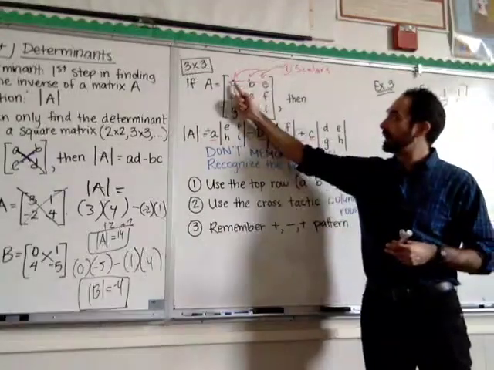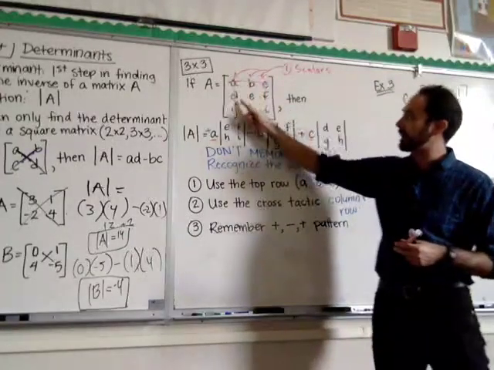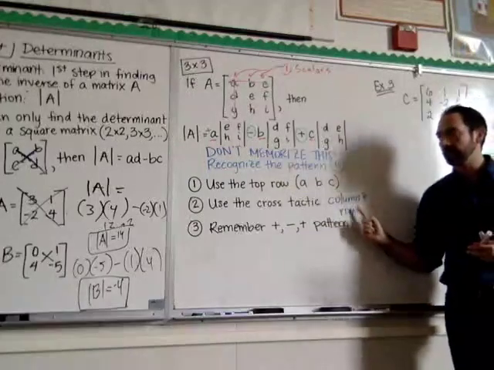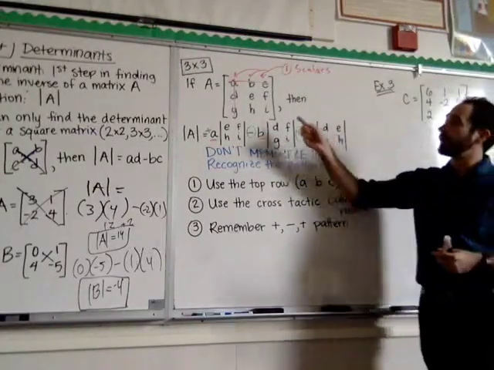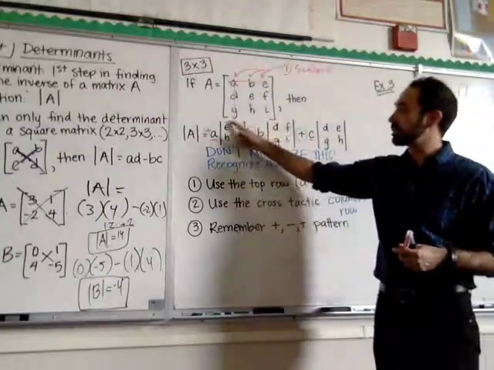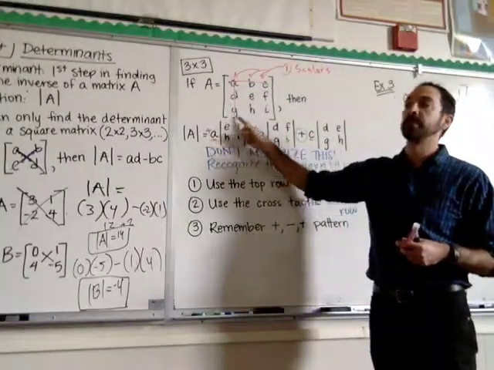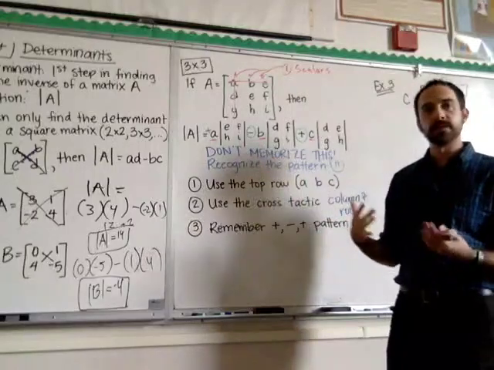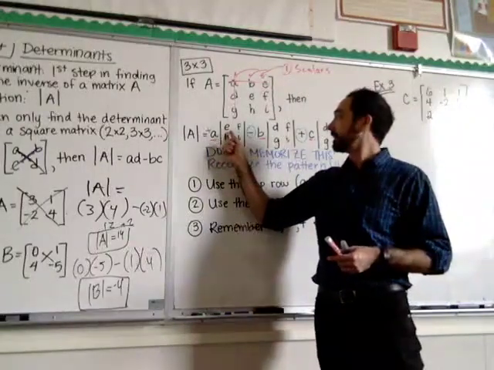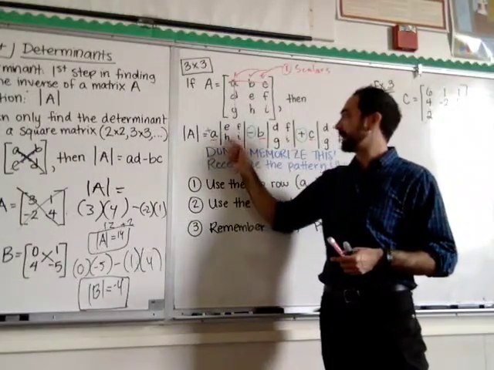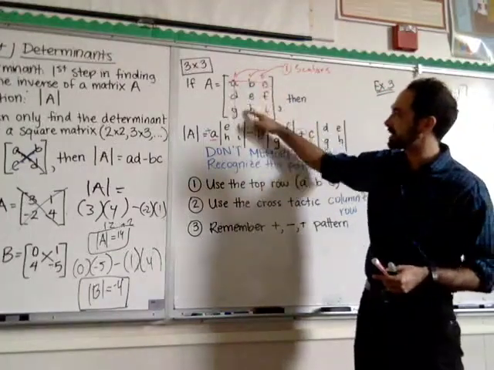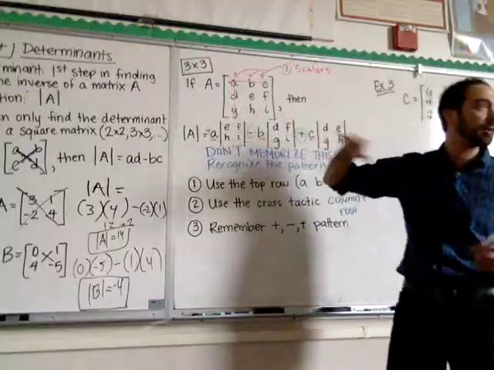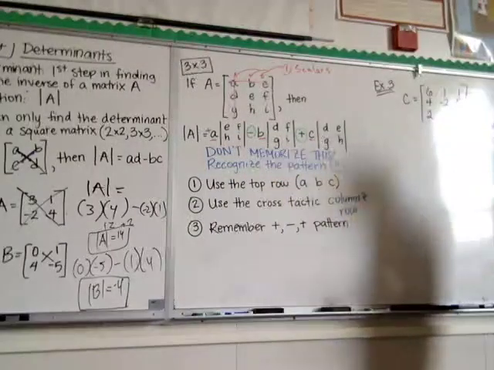And then when I cross out the row and the column, using the cross tactic, the leftover in the matrix is what's going to be the determinant we have to find. So you see, when I have A and the determinant of [e, f; h, i], that comes from doing the cross tactic to get what's left over in the matrix. It goes right here. And we're going to find the determinant of that, work through it.